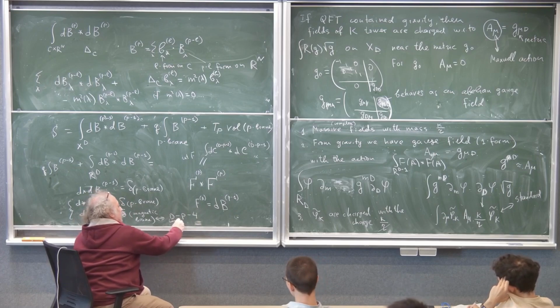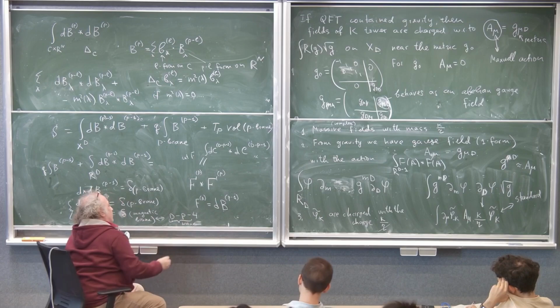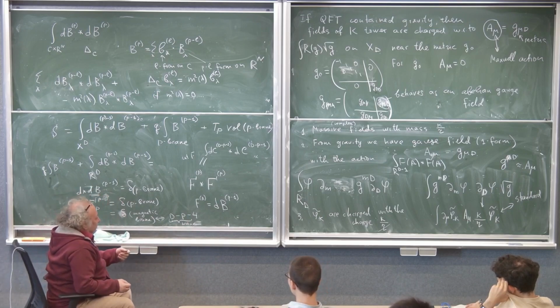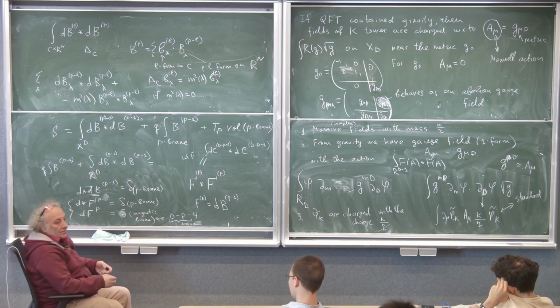It is D minus P minus 4 grade. So for P equals 0, I have 0 grade.